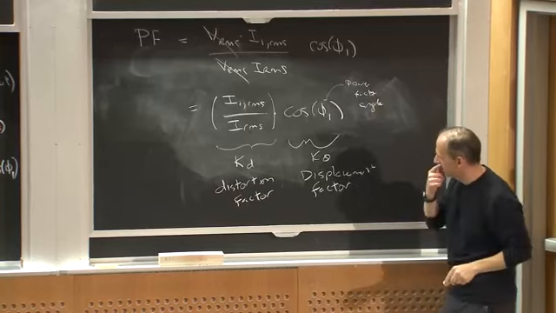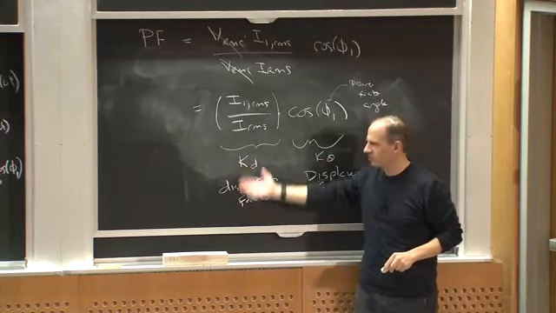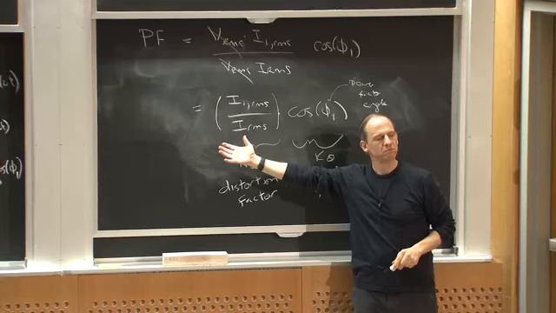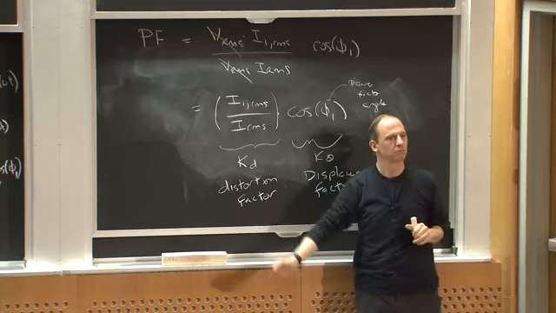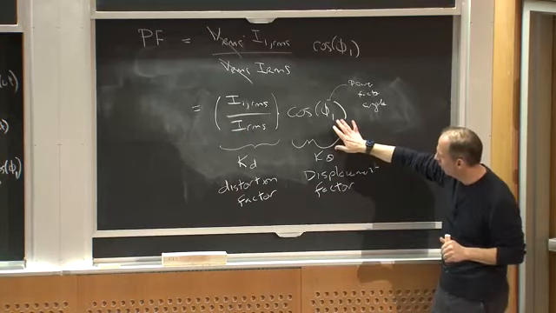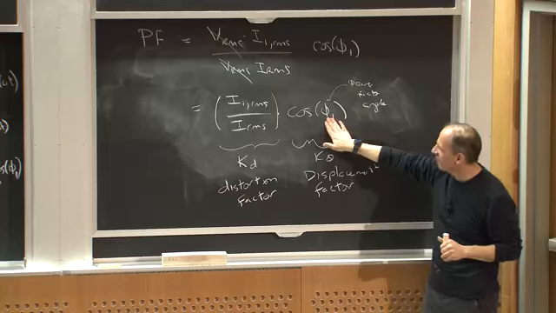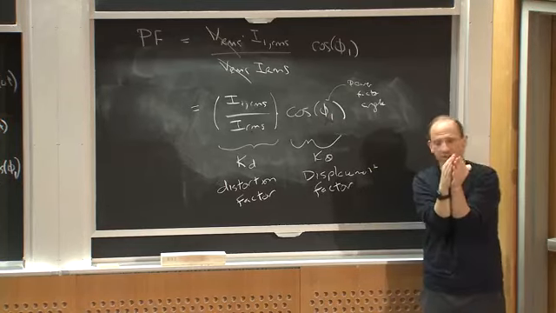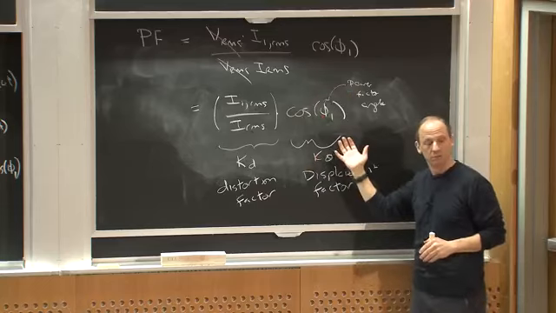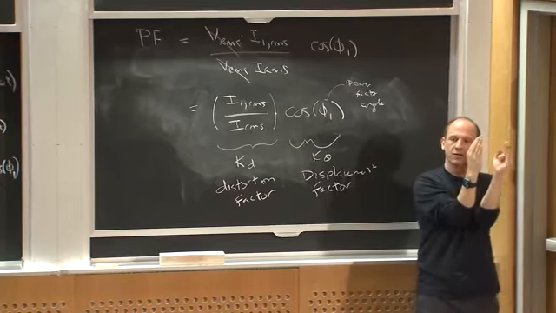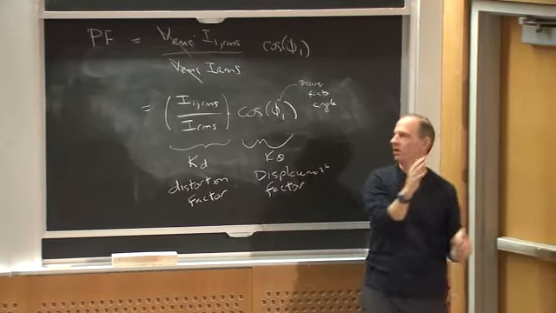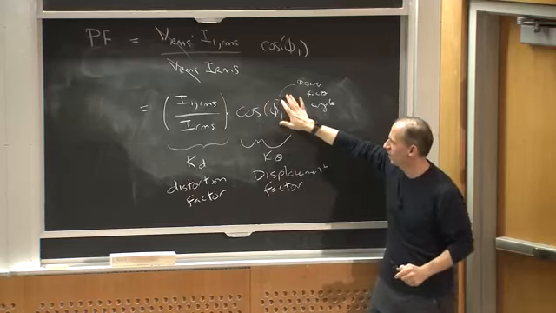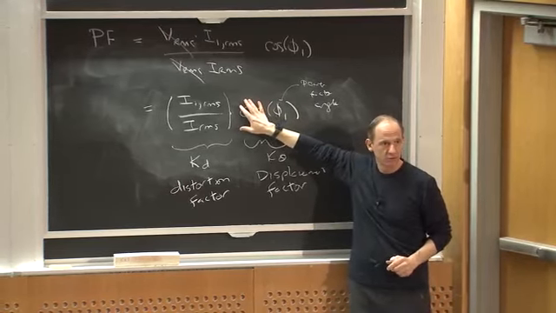Right? This is saying, suppose my distortion factor was just 1, right? There's no distortion. Okay? Well, if my phase angle phi 1 of the current with respect to the voltage is 0, they're in phase, then this becomes 1. As the current starts to get out of phase with the voltage, this cosine of phi 1 has a magnitude less than 1. Okay?